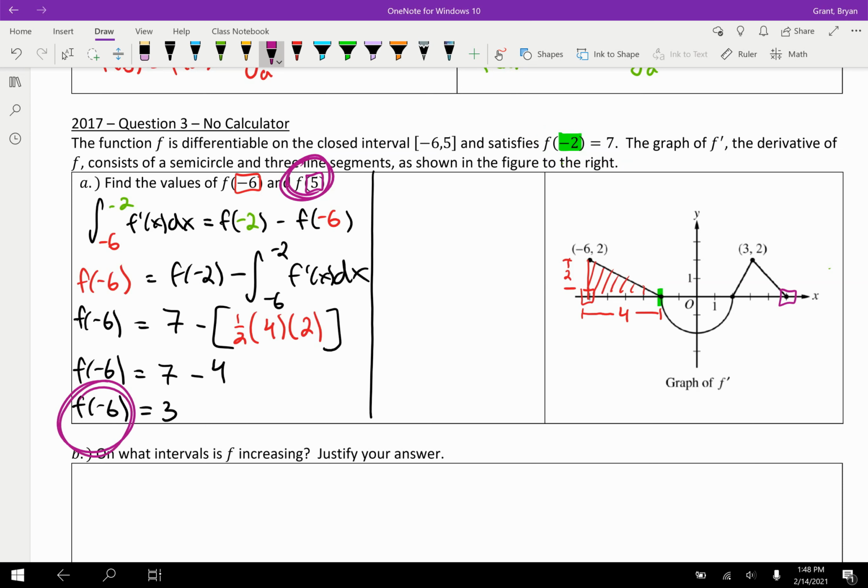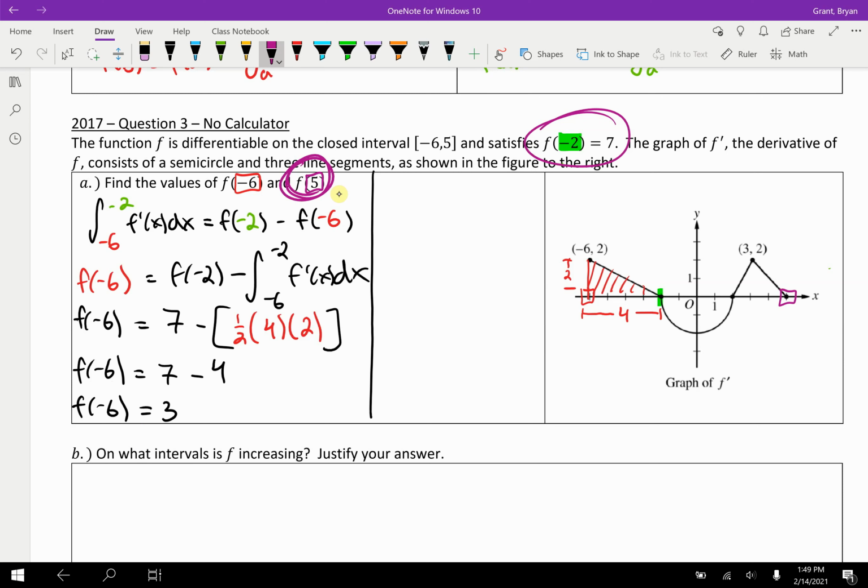And the answer is sure, but I would suggest 2 reasons maybe not to do that for this problem. Reason number 1 is to go from -6 over to 5 is more area to add up. And reason number 2 is, what if you got this area wrong? If you use that wrong area within the same problem, there's always a chance they might not give you those points. So I would suggest just stick with the ones that they gave you and go from there.